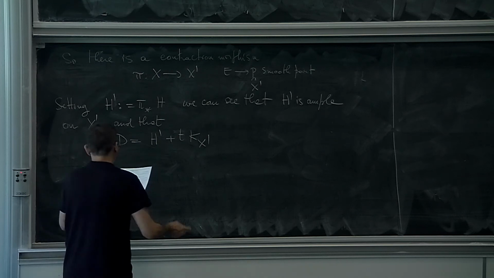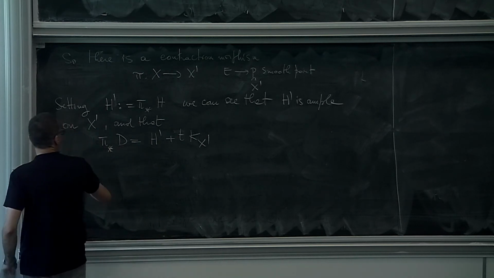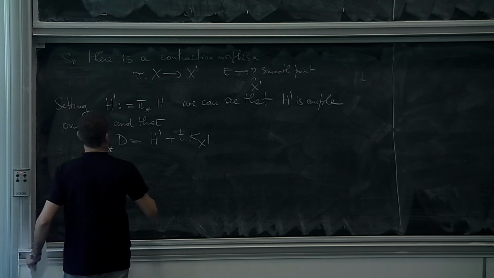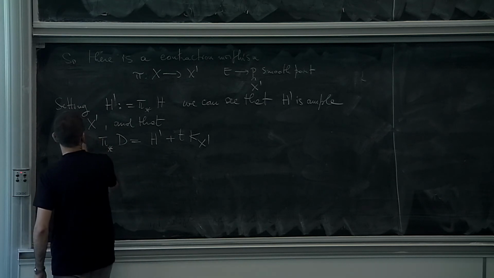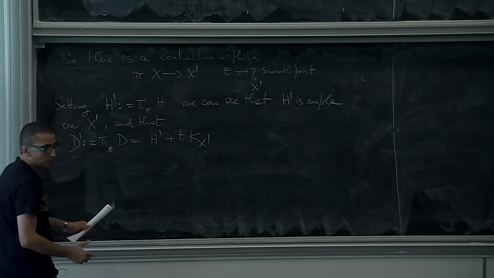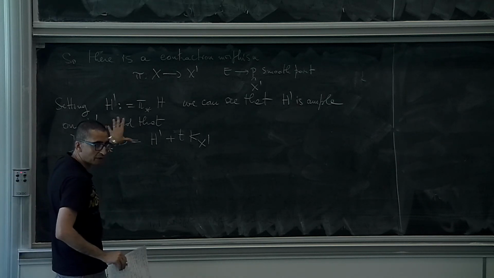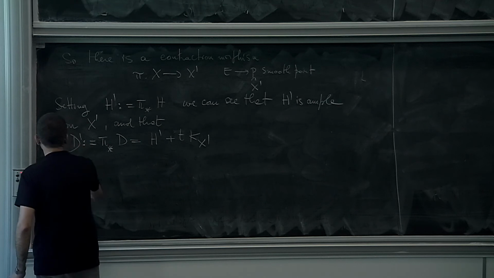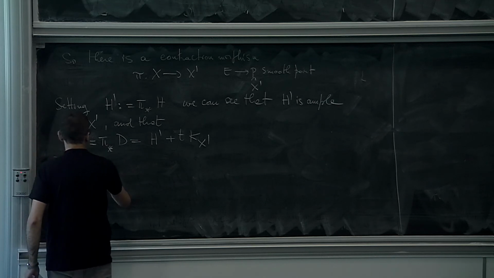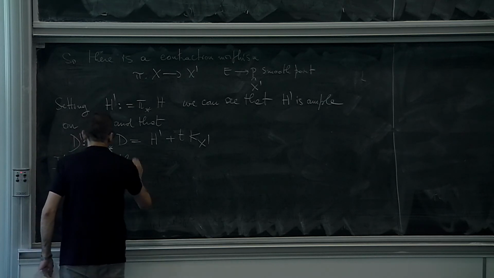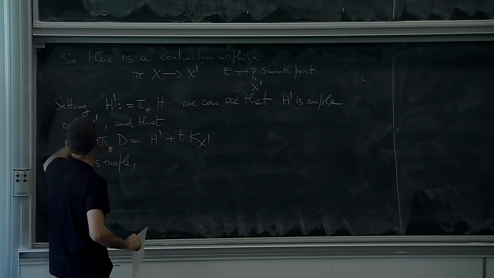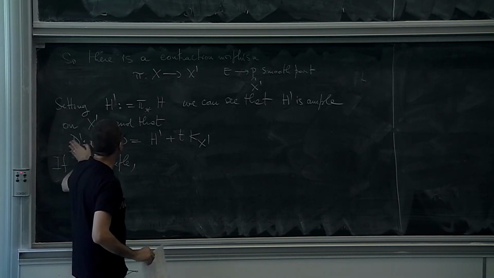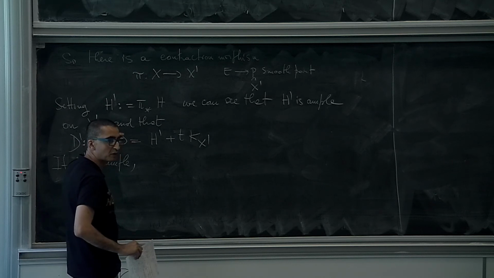Okay. If D is ample, okay, very good. Let me call this D prime. I'm sketching the proof. You must check something, but this is very simple anyway. If D prime is ample, this is eventually base point free, and so from this it's easy to see that also D is eventually base point free.